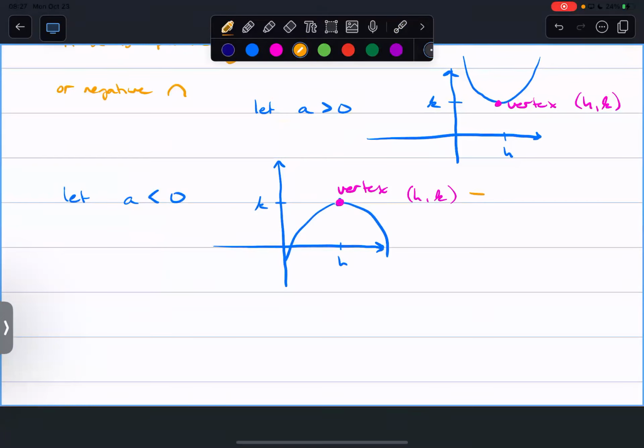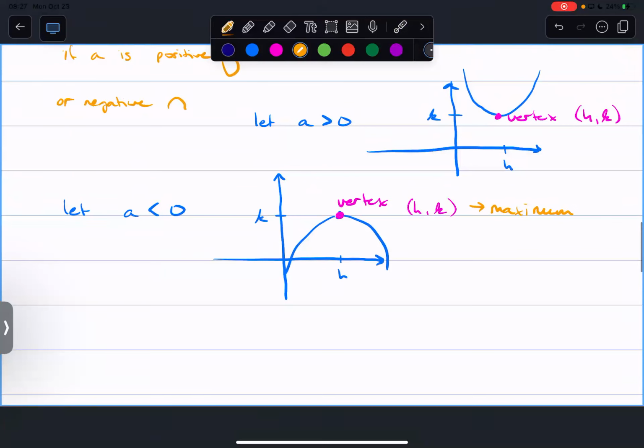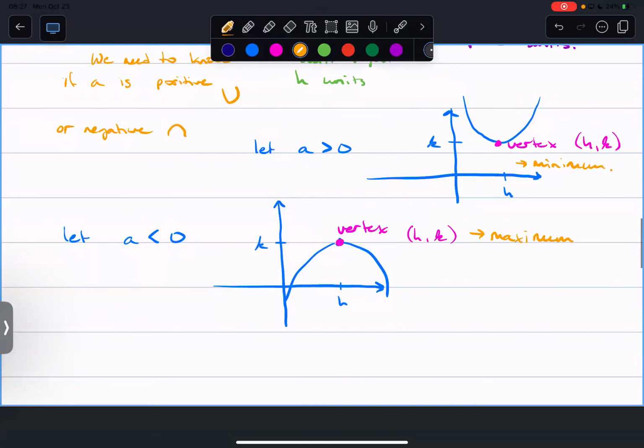So here, this is the maximum. And here, this is the minimum, depending on the scenario. You might want to maximize or you might want to minimize.